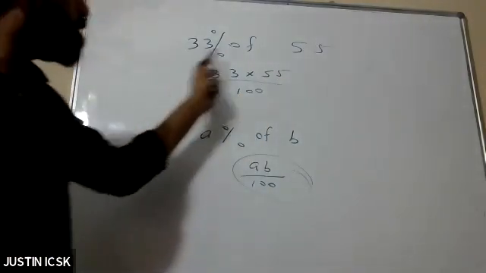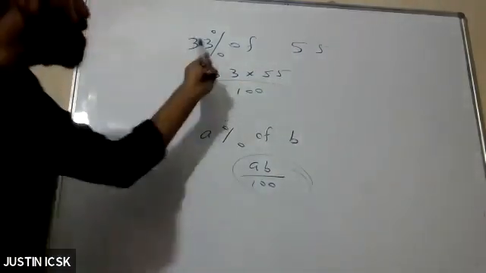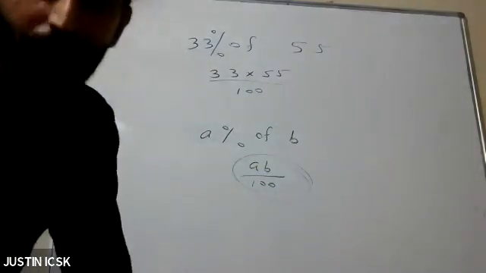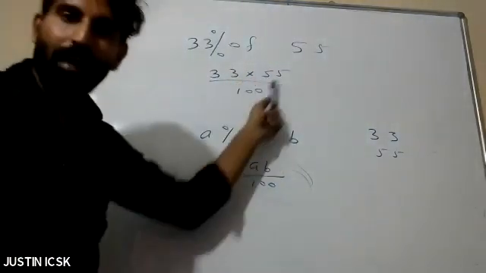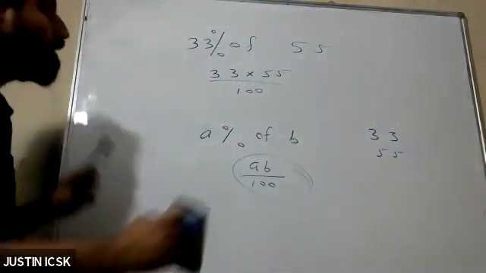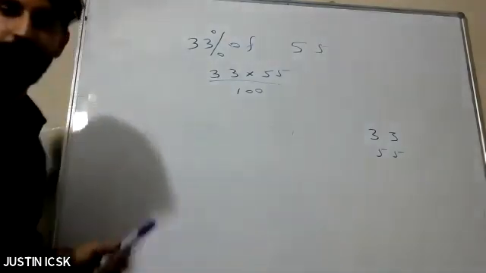We will multiply those two numbers and divide by 100. For this 33 and 55, obviously, we will use the crisscross method. We need not go for cancellation.